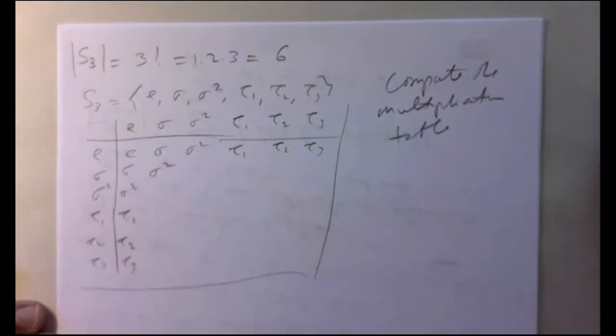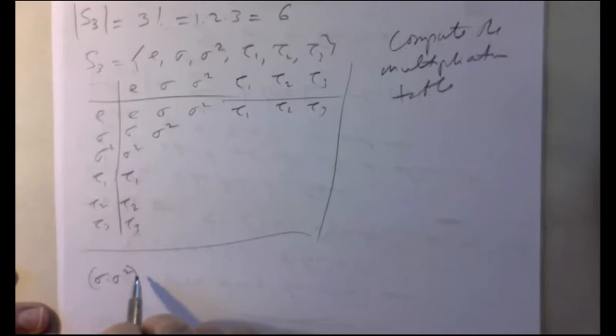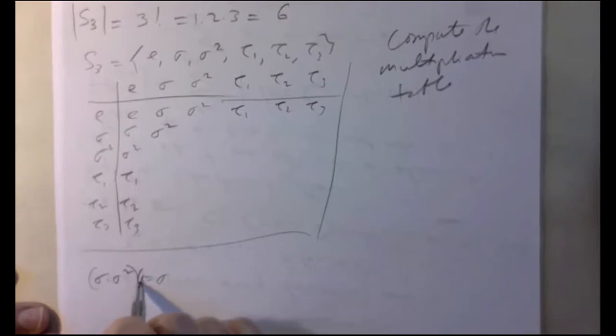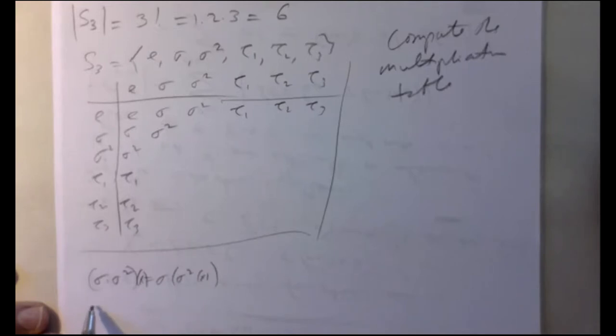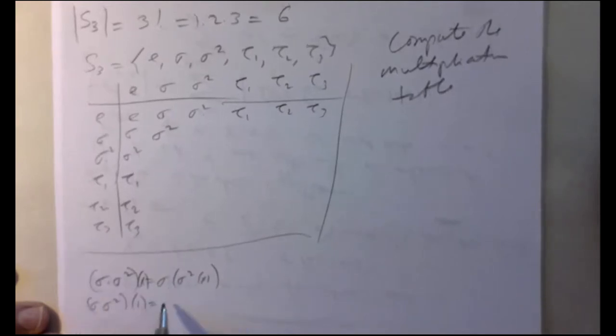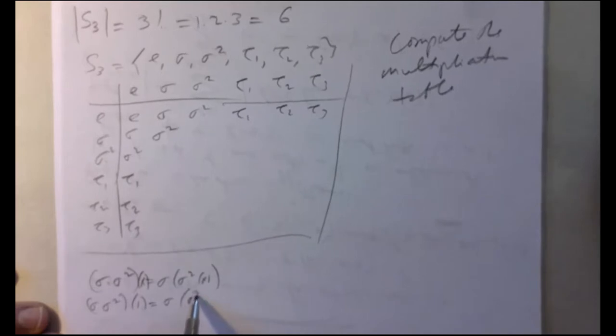What is sigma times sigma squared? Let's calculate that. Sigma times sigma squared, that means of x, of some number x, is sigma of sigma squared of x. That's what composition of functions means. So sigma sigma squared of 1 is sigma of sigma squared of 1.